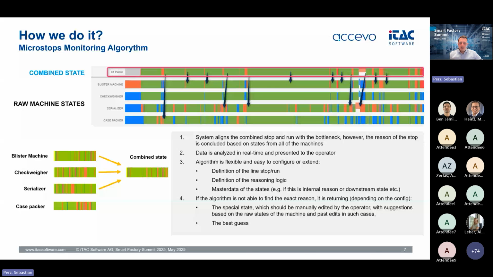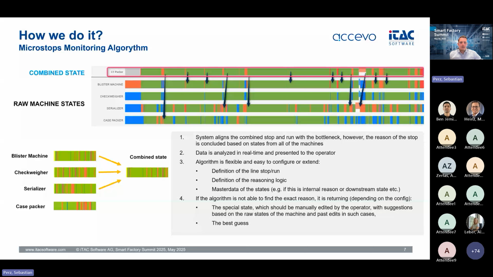We are connected with the line, but not only with the line, because then we don't have much information. We are connected with every single machine on the line, which gives us very big data and can help us detect the bottleneck on the line. If you check the slide, you see the red lines.